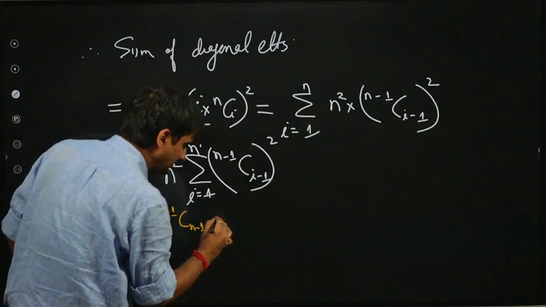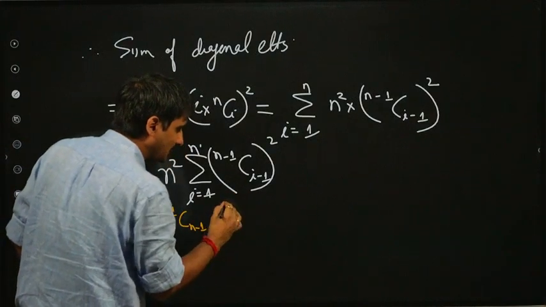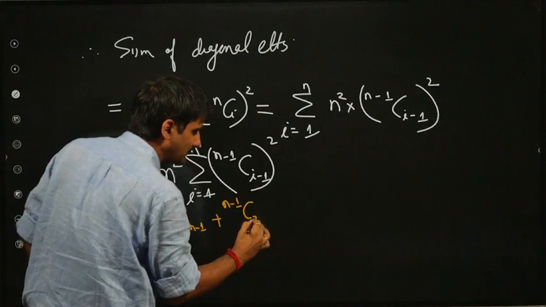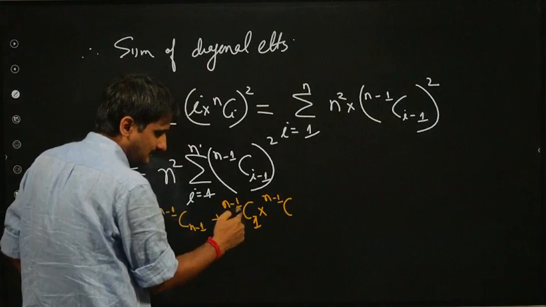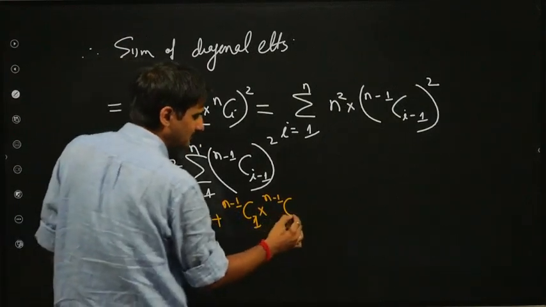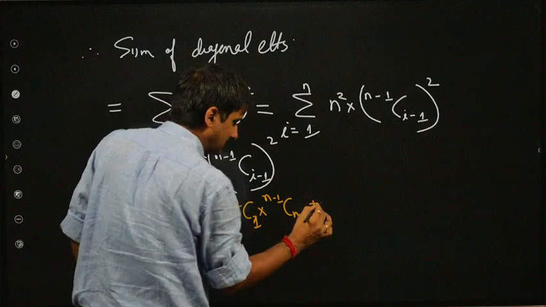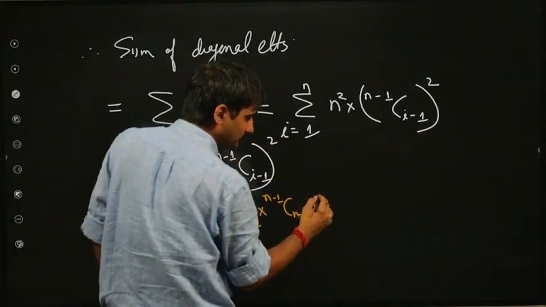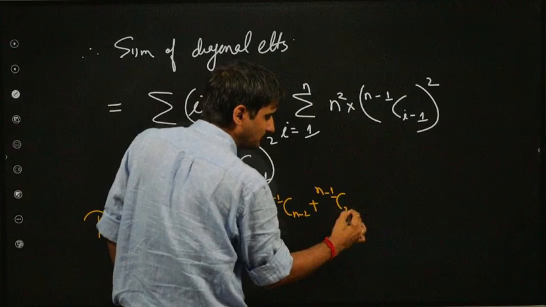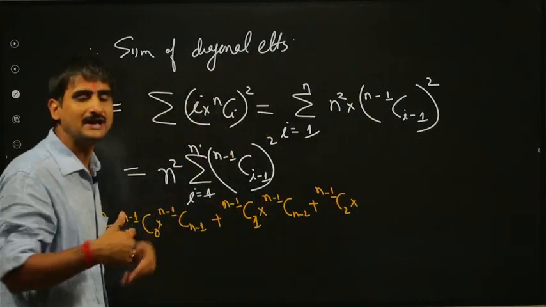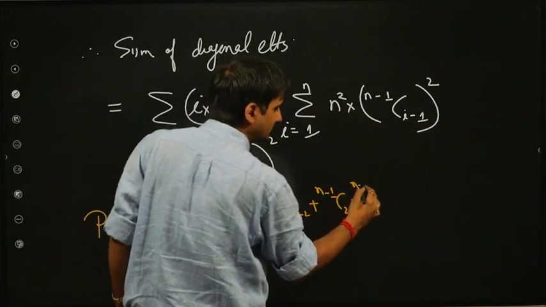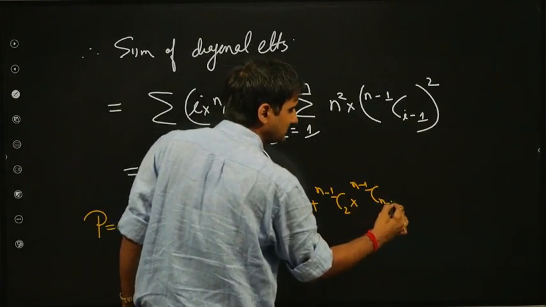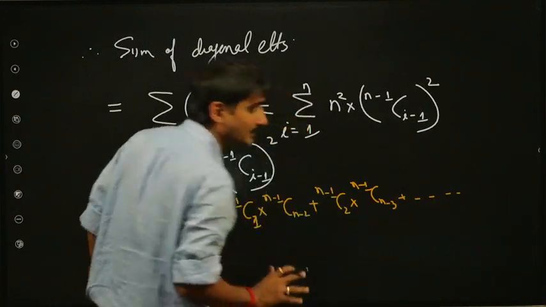Similarly for i equal to 2, n minus 1 C 1 into n minus 1 C (n minus 1 minus 1), which is n minus 2, plus when you put i equal to 3, n minus 1 C 2 whole square. Next, n minus 1 C 2 I will write as n minus 1 C (n minus 1 minus 2), that is n minus 3, and so on till the last term.